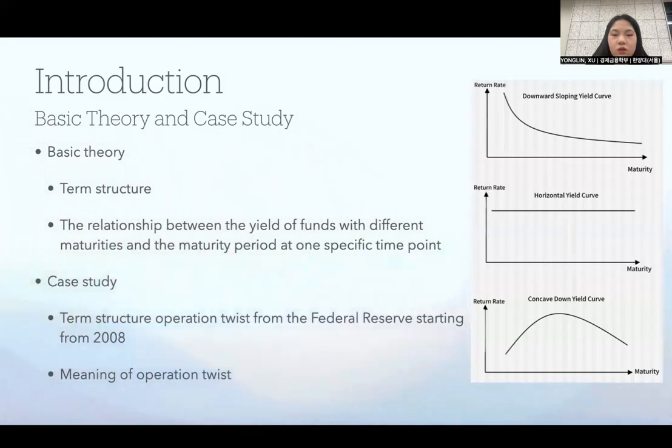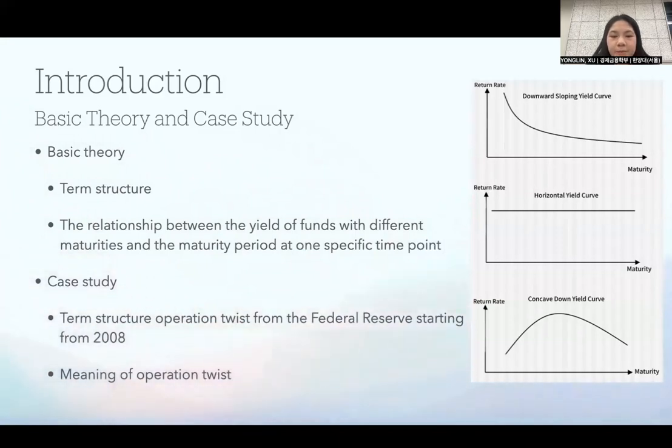And then on 21st September 2011, the Fed announced that in order to further stimulate economic recovery, it plans to launch a 400 billion US dollar operation twist until June 2012.